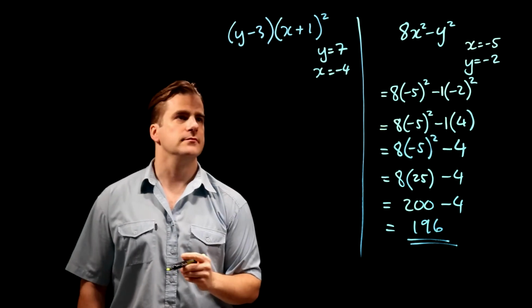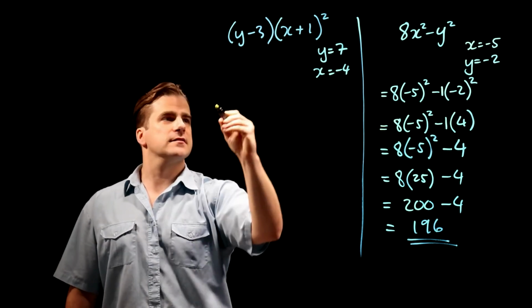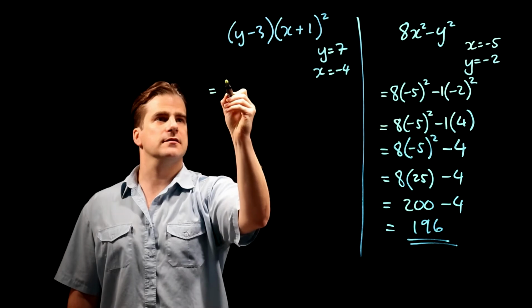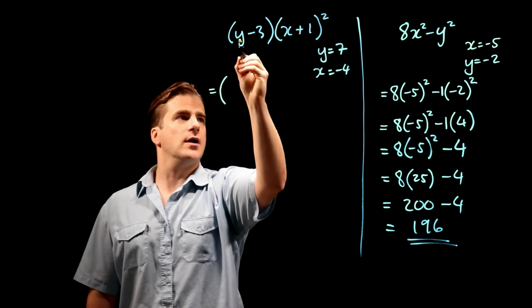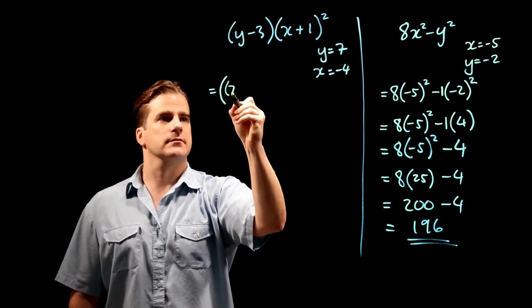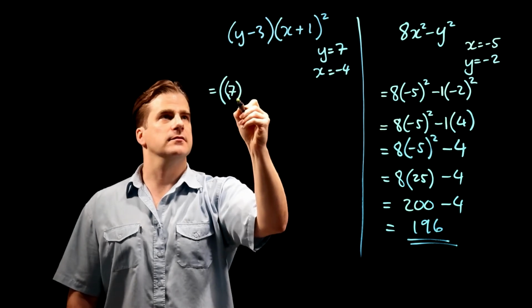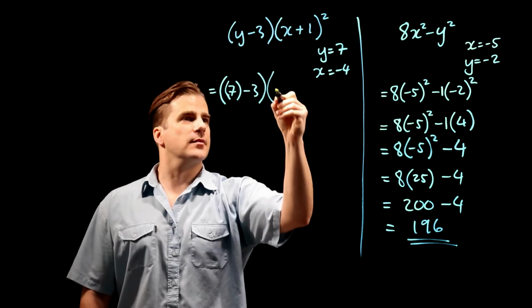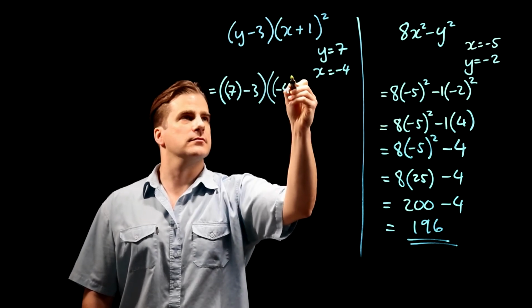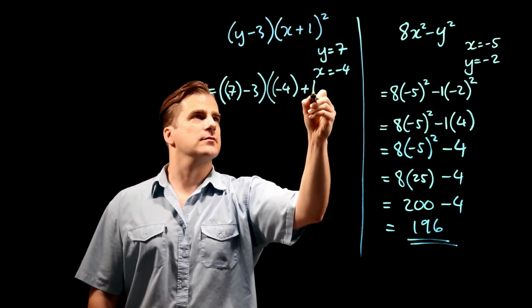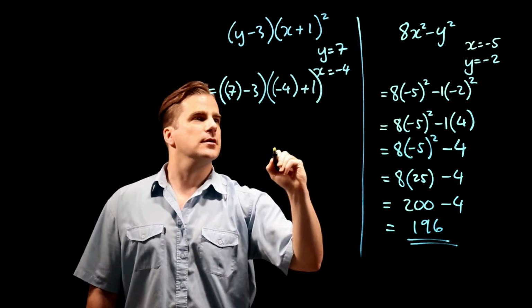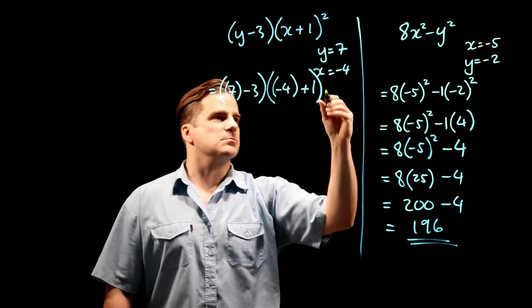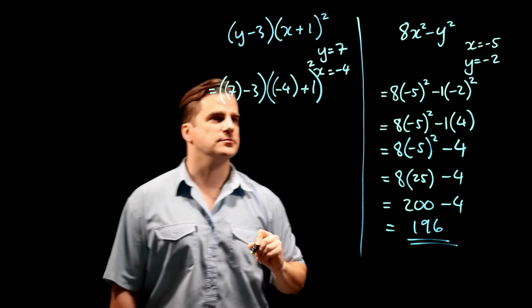So that expression equals (7 minus 3) times (-4 plus 1), all squared. Okay.